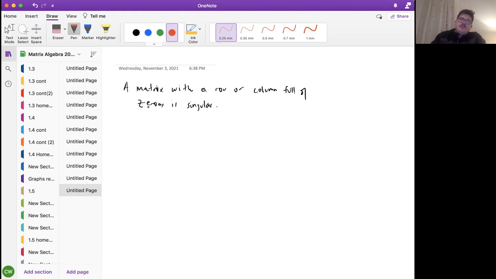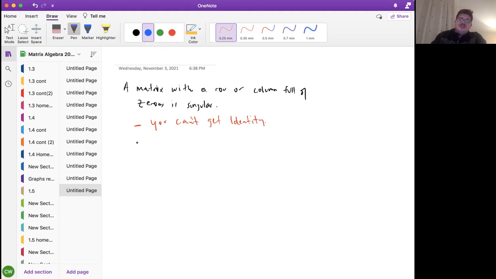Why is this true? Well, not thinking about the determinant, yeah, you can't get the identity. So now by the determinant though, now it's obvious, right?